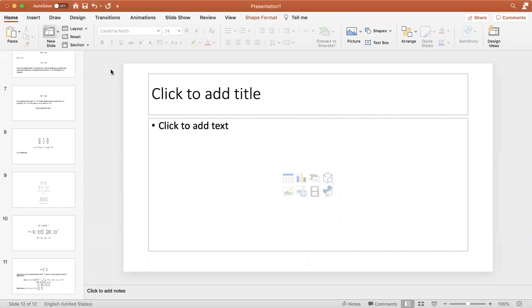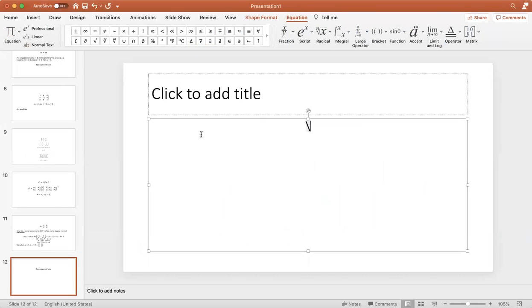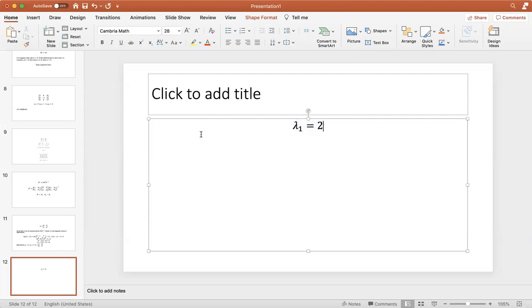Okay, let's have a new slide. Suppose lambda equals 2.